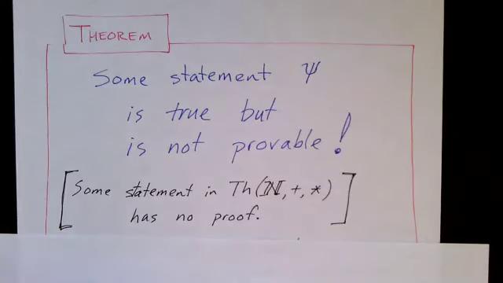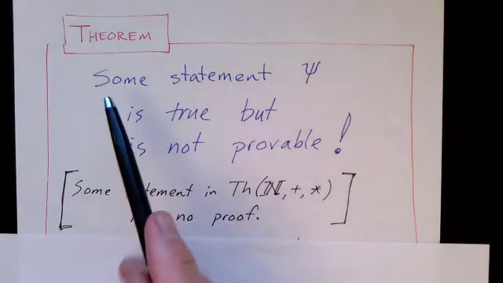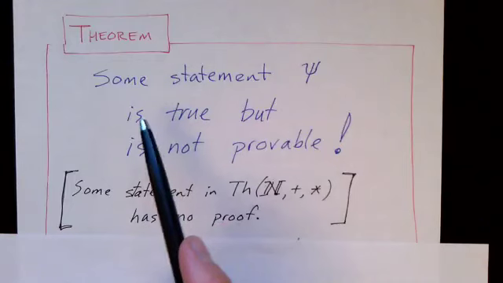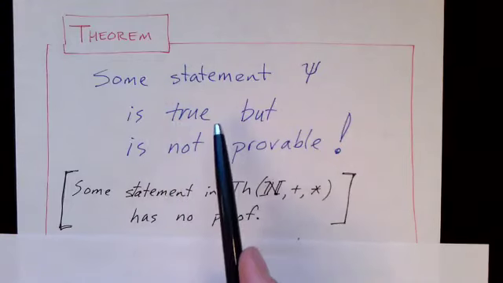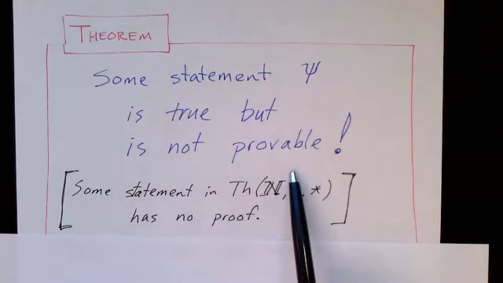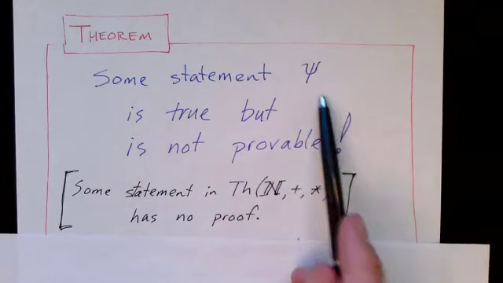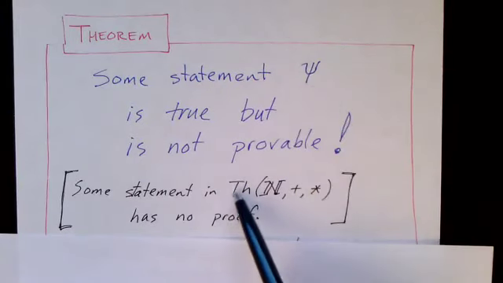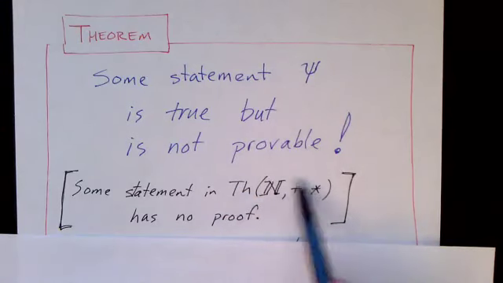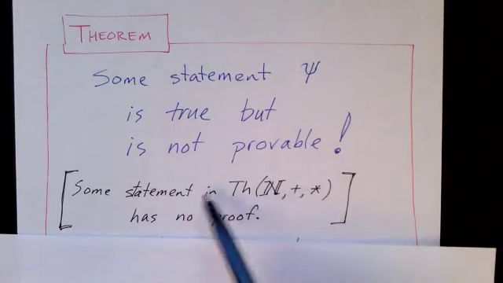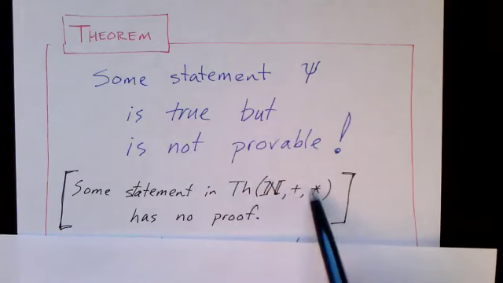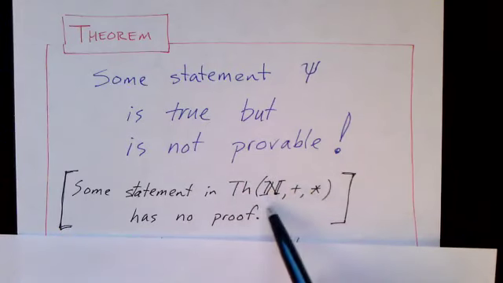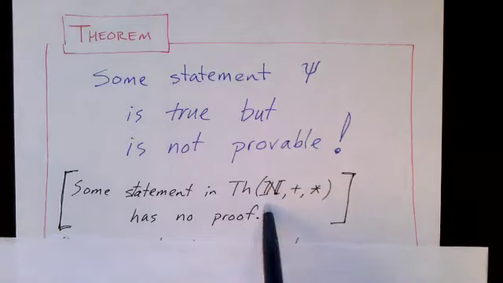Now we come to the amazing incompleteness theorem. And it is this: some statement in number theory is true, but not provable. We can call this statement psi. Remember, this is the set of all true statements. So some true statement of number theory will have no proof.